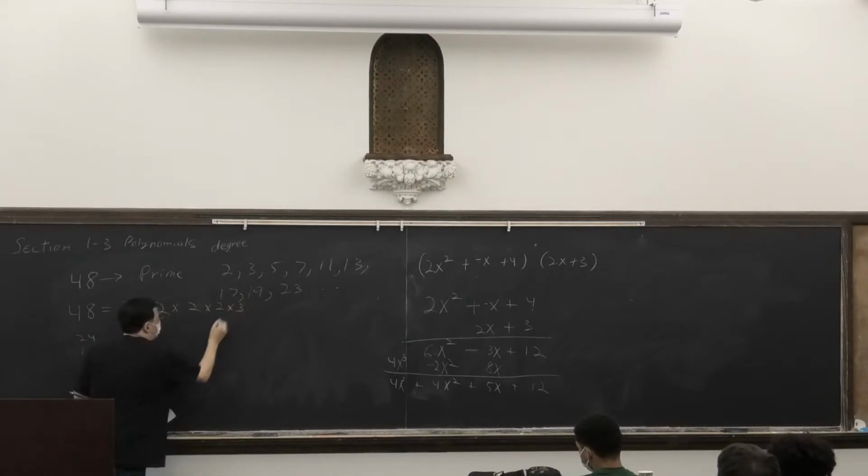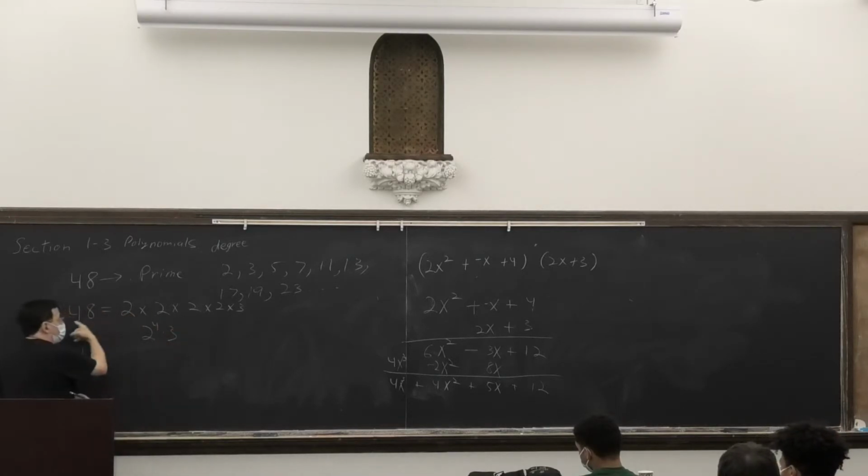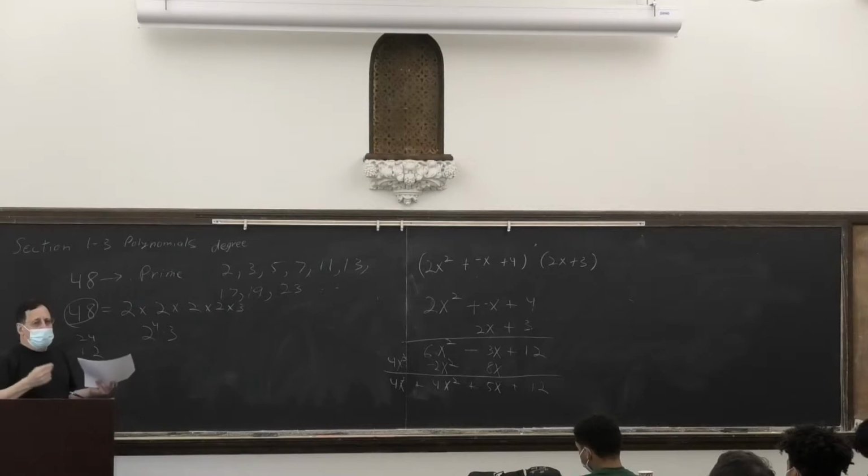And 3. So those are the prime factors. You might write this as 2 to the 4 times 3. Just as we can do this with numbers, we can do this with polynomials. We can break a polynomial down to its prime factors.